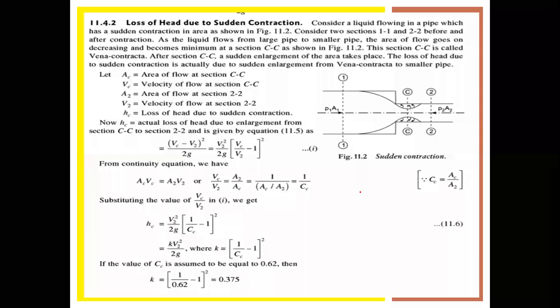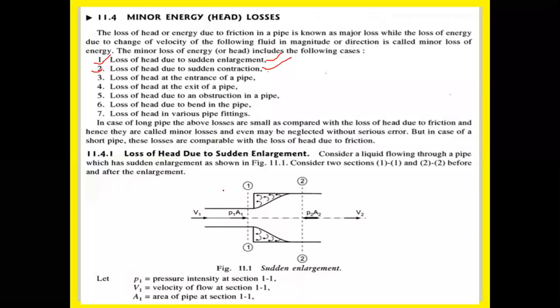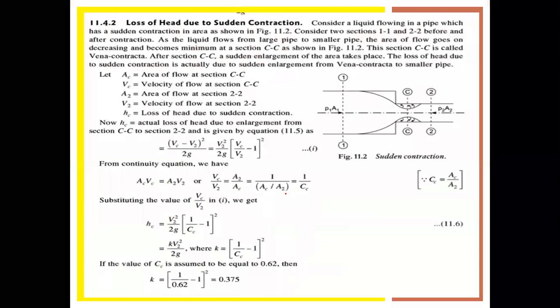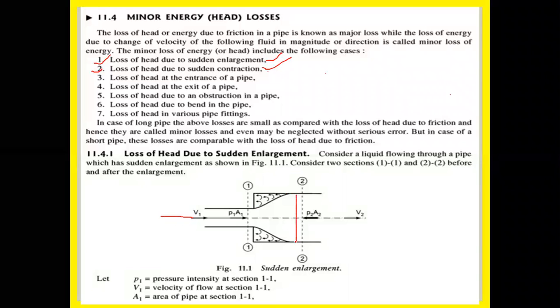So see the figure of contraction and enlargement. Here, the flow is like this. The pipe is like this, and it is making a bigger area. So see here, it is enlarged. Here it is the initial size. Here at one point it is enlarged.